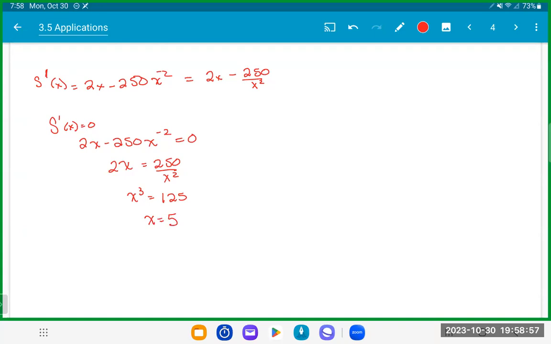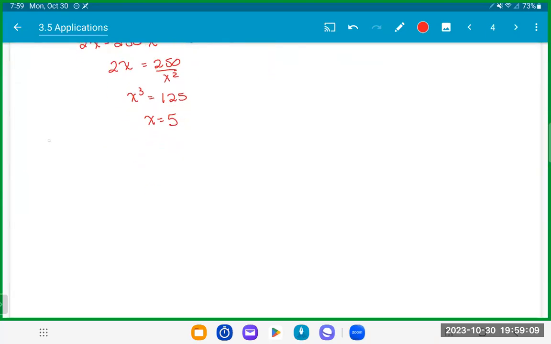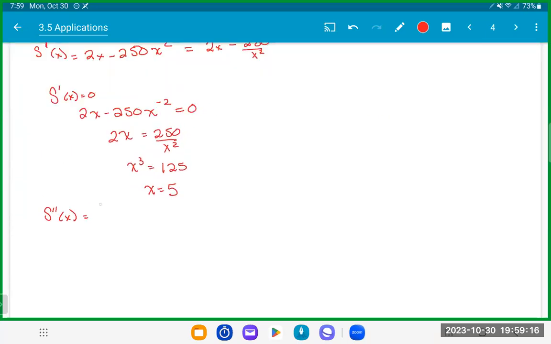Since there's only one critical value, we use the second derivative to determine whether we have a minimum there. S double prime is 2, and then negative 2 times negative 250 gives positive 500, with X to the negative 3.